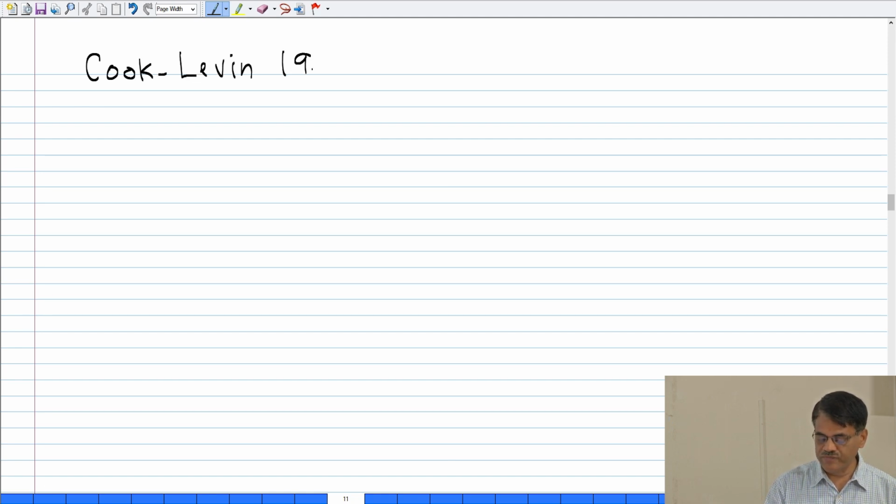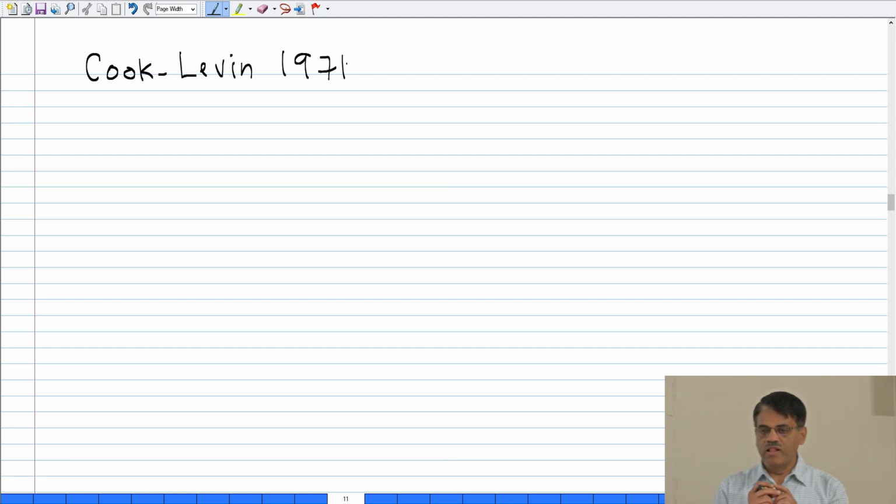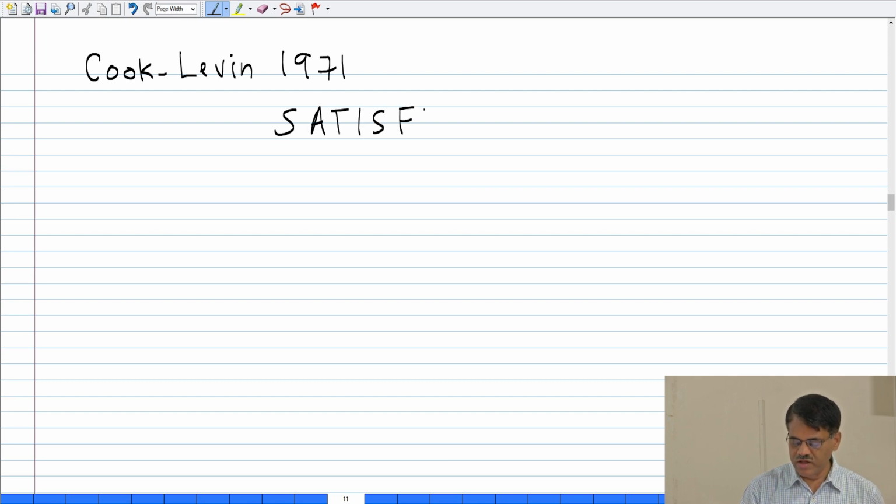There is a famous theorem by Cook and Levin in 1971, who showed that there is one problem which is NP hard. That problem is a more general version than this, but let me simplify it. I will tell you how they showed it.